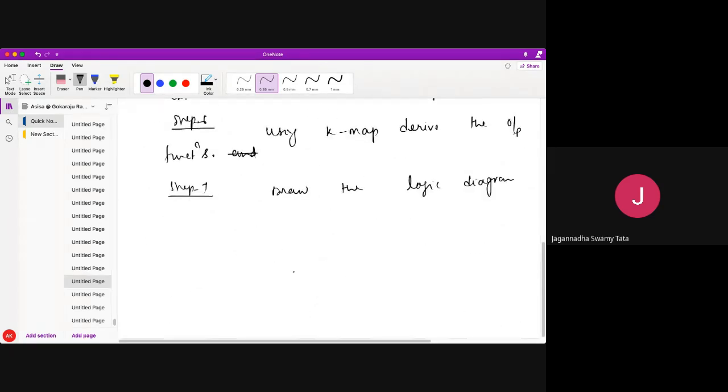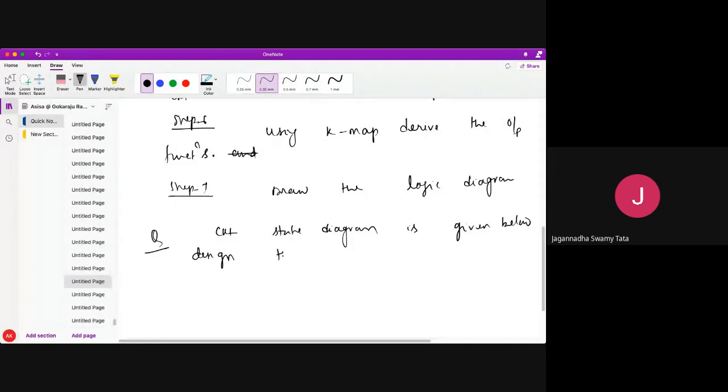So we'll see now one question. So the question is, a sequential circuit has one input and one output. Okay, that circuit's state diagram is given below.